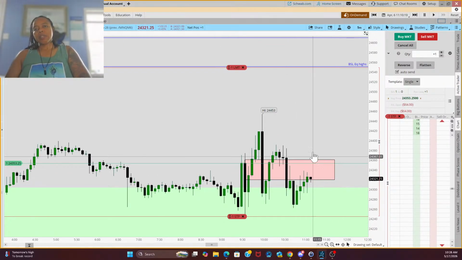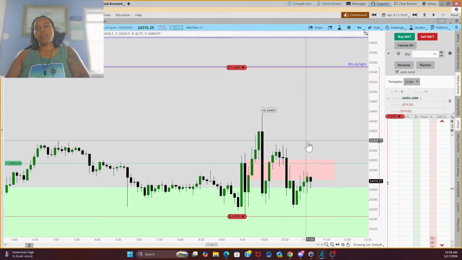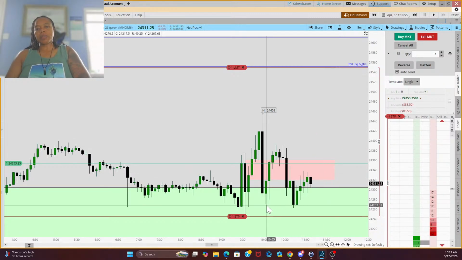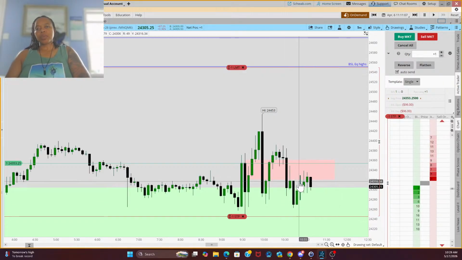Right now, we need to bust above this guy, take this out, and then form another protected low. So honestly, once this busts up this way, I can move my stop to here because we've swept liquidity and we've shifted structure right here at this 5-minute fair value gap.